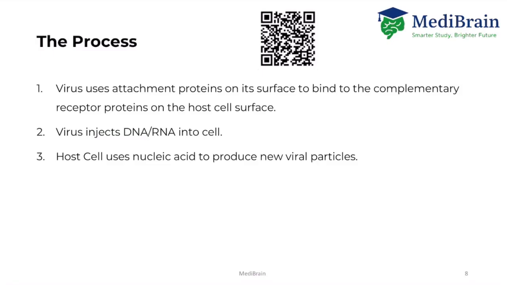The virus enters our body, finds a complementary receptor on a normal body cell, binds to that complementary receptor, injects its nucleic acid into the cell, and then the body cell's DNA will produce new viral particles for the virus itself. So more virus particles will keep replicating, because the nucleic acid that's already present within the cell will do the work for you.